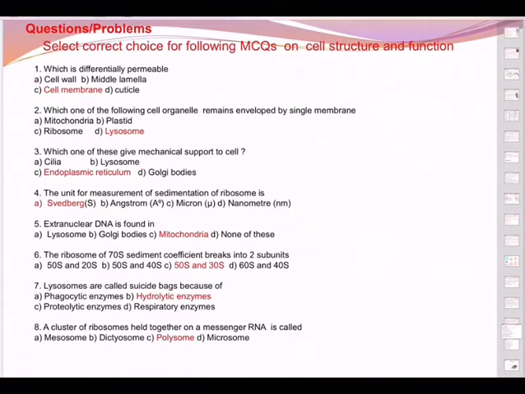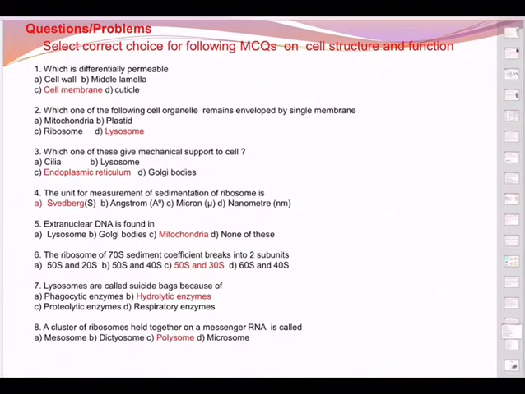Endoplasmic reticulum, ER, forms bridges, just like railway bridges, connecting the nuclear membrane with the cell membrane, so a network is formed inside the cell. Golgi bodies are small organelles restricted to the cytoplasm only. Hence the answer should be ER, endoplasmic reticulum.